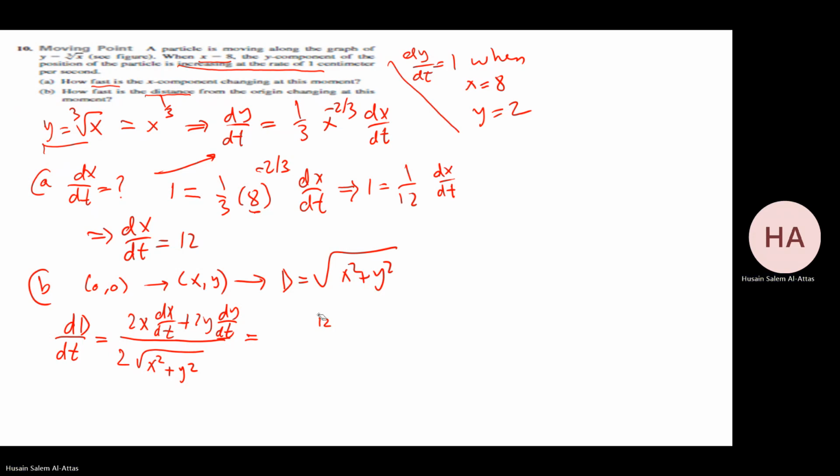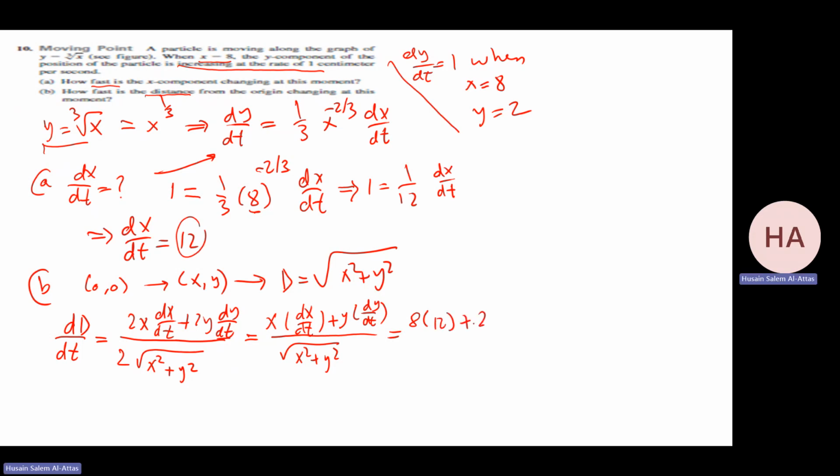You know what? The 2 cancels. So that gives me x dx by dt plus y dy by dt over this square root. So now x is what? 8. dx by dt, 12. y is 2. dy by dt is 1, over the square root.